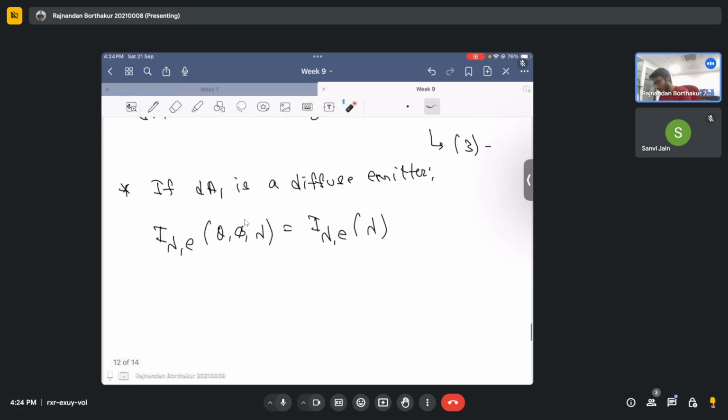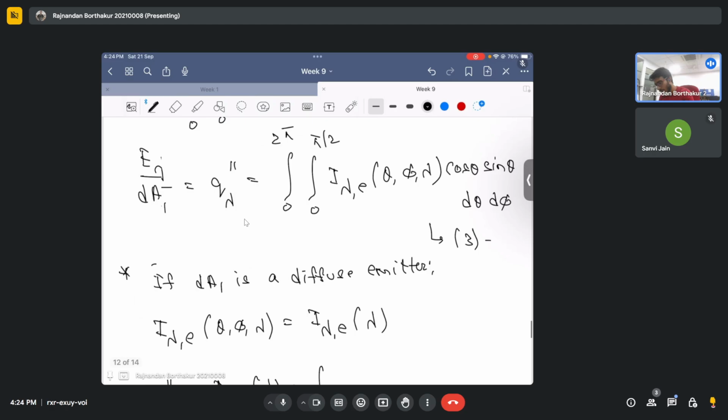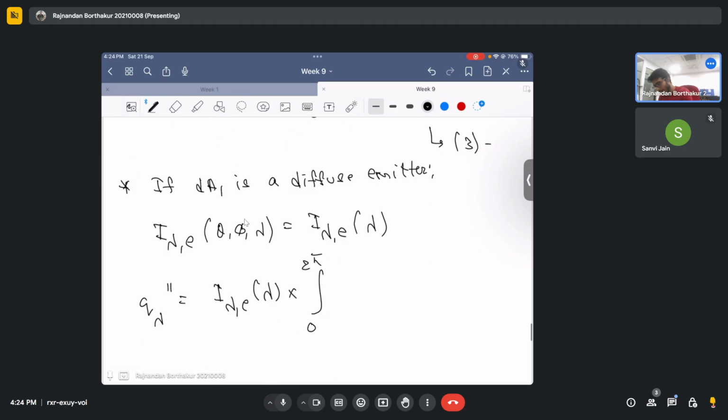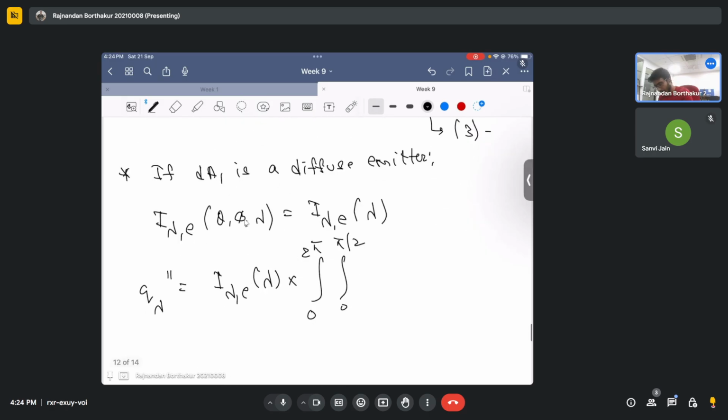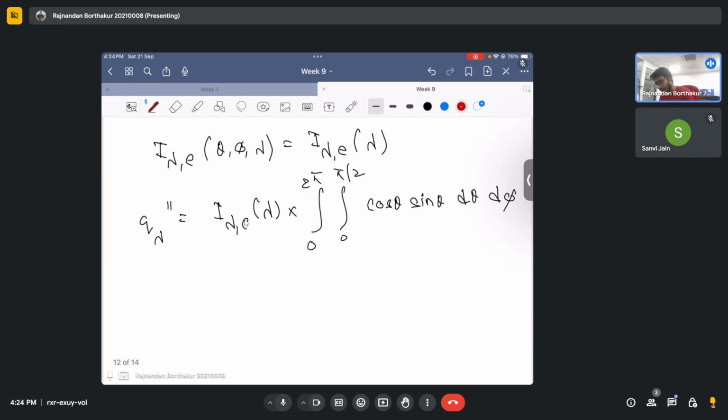So I can write q lambda double prime as I lambda E, a function of lambda, times the integral from 0 to 2 pi and 0 to pi by 2 of cos theta sin theta d theta d phi. Now can you tell me what is this value?